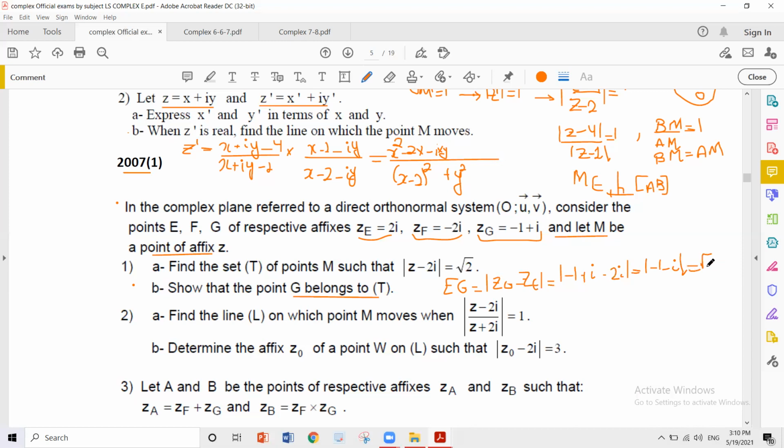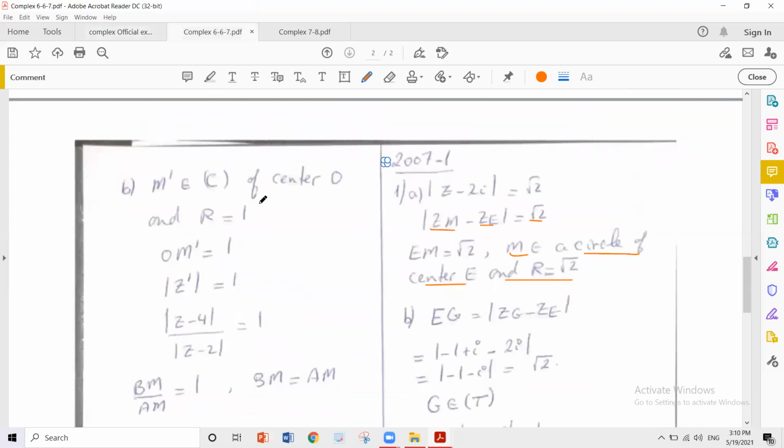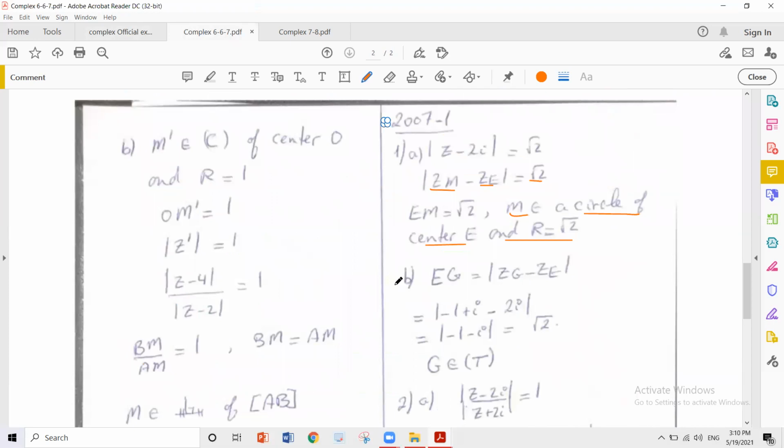So the distance from E to M, center to the point M, is equal to the radius. Then M belongs to the circle T. So EG is equal to |ZG - ZE|, the modulus of -1 + i - 2i, equals -1 - i, equal to radical 2.